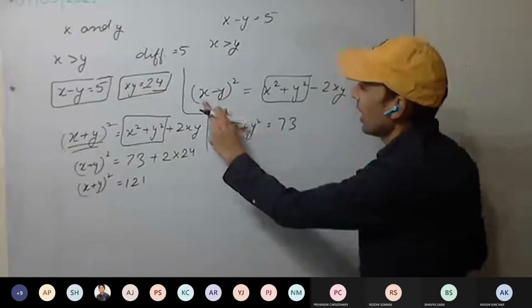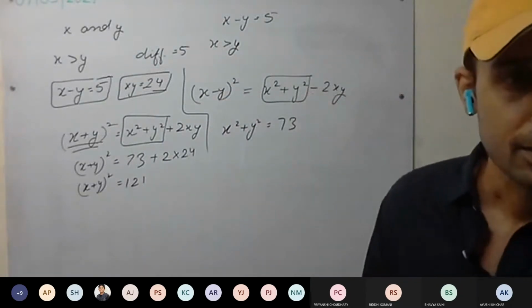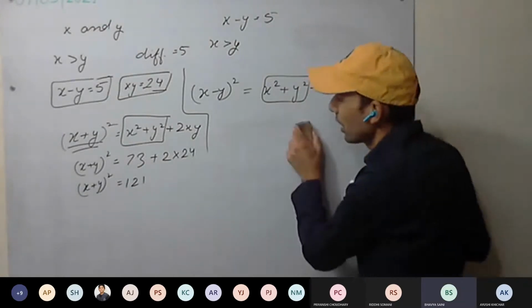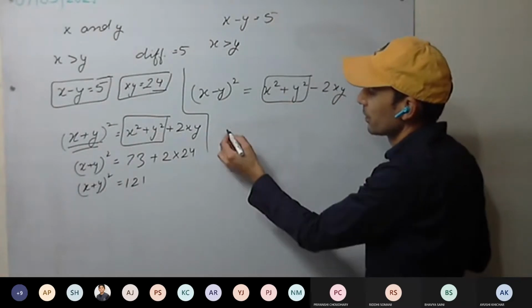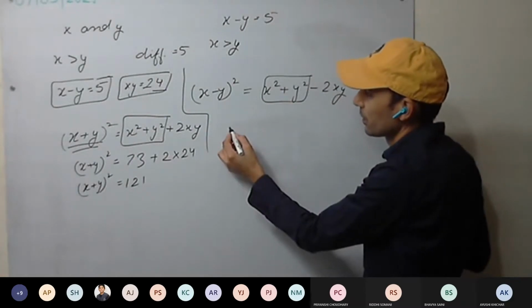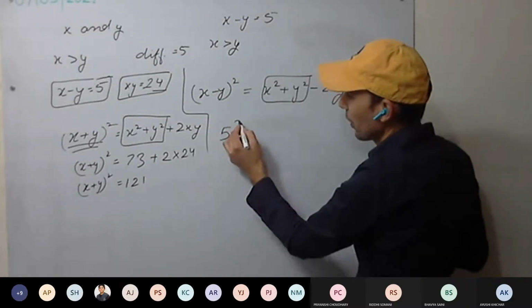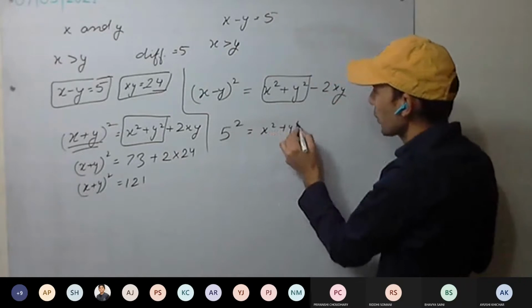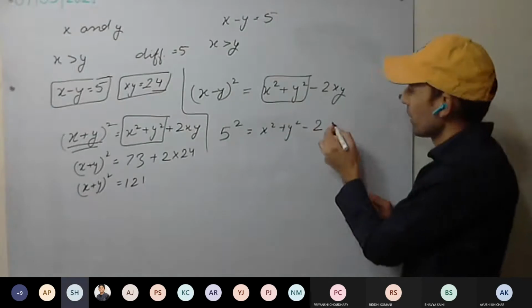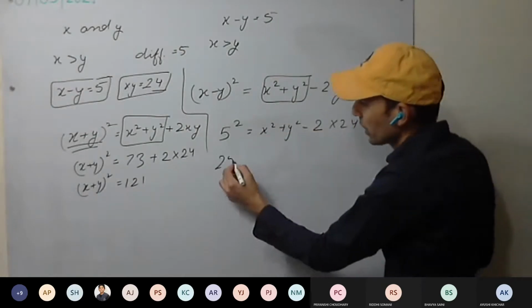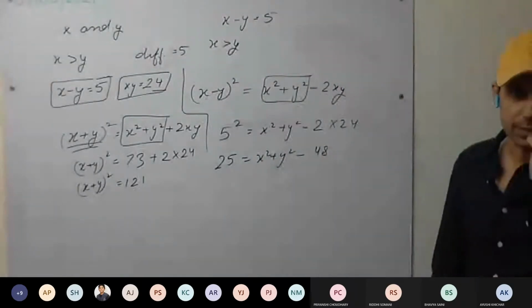X minus y the whole square equals x square plus y square minus 2xy. You have understood this identity. X minus y is given as 5, so 5 square equals x square plus y square minus 2 times xy, and xy is also given in the question as 24. So 25 equals x square plus y square minus 48.